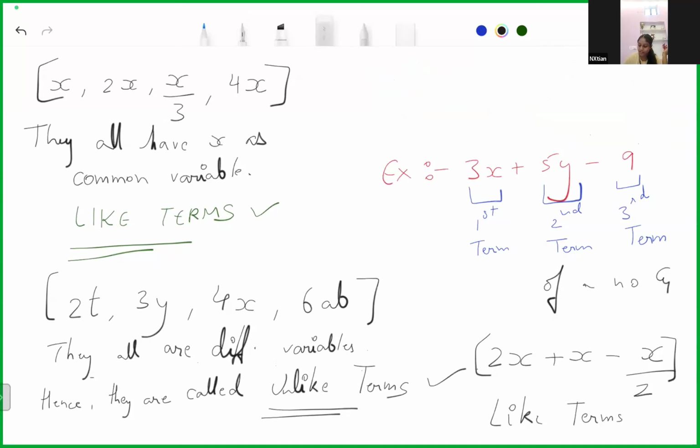I'm having 2 terms, and 3x and 5y are unlike terms because they have different variables. The same variable gives like terms, and a different variable gives unlike terms. I hope it's clear till here.